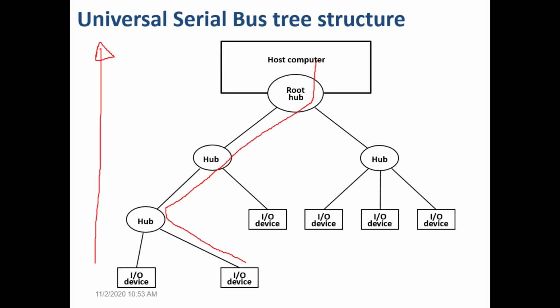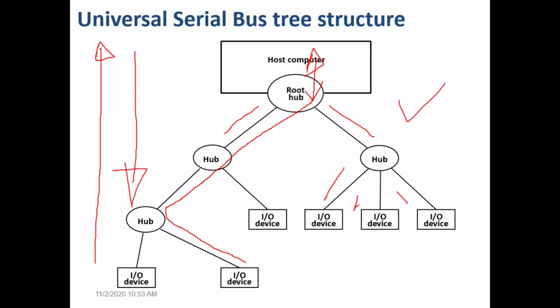Not all the devices come to know what data is sent by an IO device. Only the various hubs that come along the path of the device can listen to the data. So finally it reaches the root hub, and the root hub delivers that data to the processor. But when the processor sends data, it is sent to all the branches of the USB tree structure, so that every device comes to know that data. So this is how communication happens.